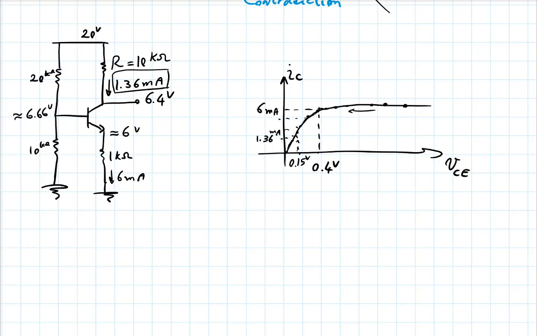If we say that this is a qualitatively correct solution of this problem, do we leave it here? Or is there something else to do? Yeah, this is what I meant, that if you want to be accurate now, you have to say, actually, it wasn't really 0.4. Maybe it was 0.15. So this would be more like 6.15, right?